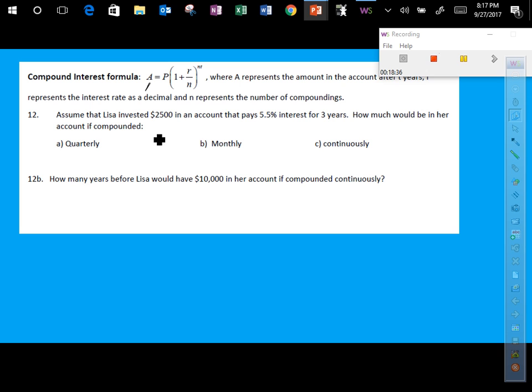Assume that Lisa invested $2,500 in an account that pays 5.5% interest. Oh, that would be nice. For 3 years. How much would be in her account if compounded quarterly? Well, guys, it's going to look like this. The amount that I would have in my account in 3 years could be found by 2,500 times 1 plus the interest rate as a decimal, 0.055, over 4, compounded quarterly, raised to the 12th power.